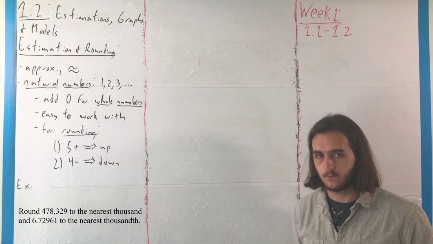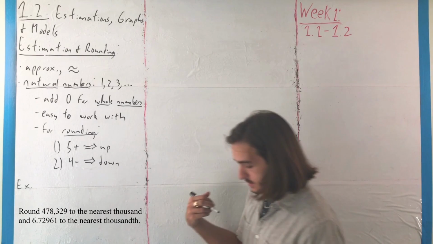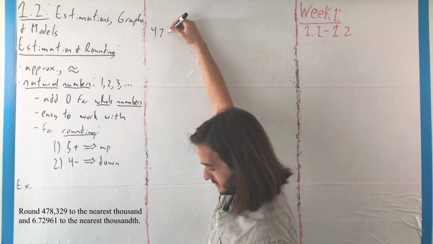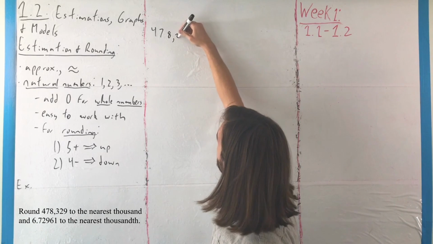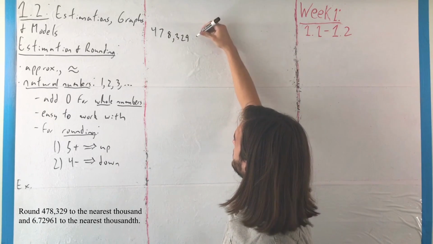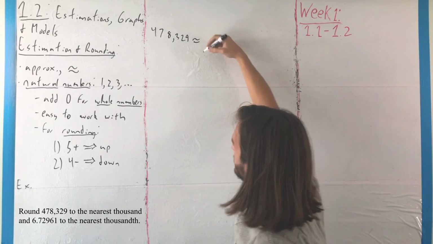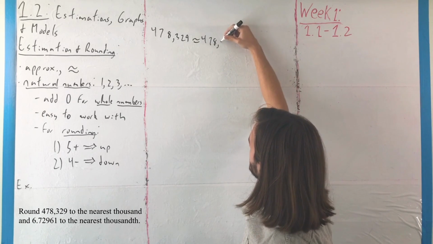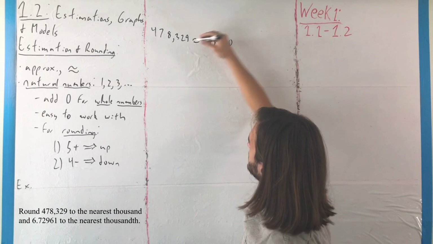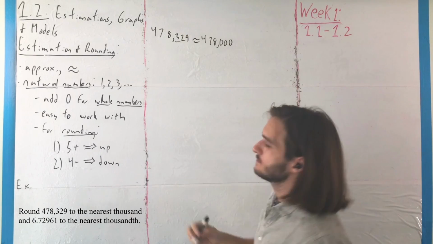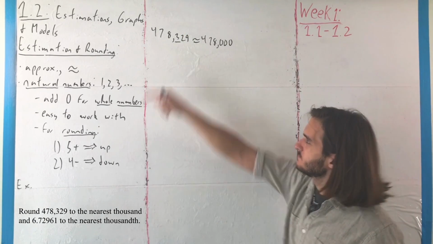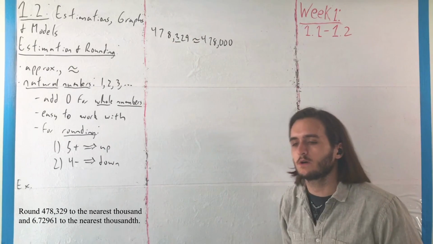In that first case, the 478,329 will be rounded down to 478,000, because this next digit, the 3, is less than 5. So that doesn't change, and those all get rounded down.